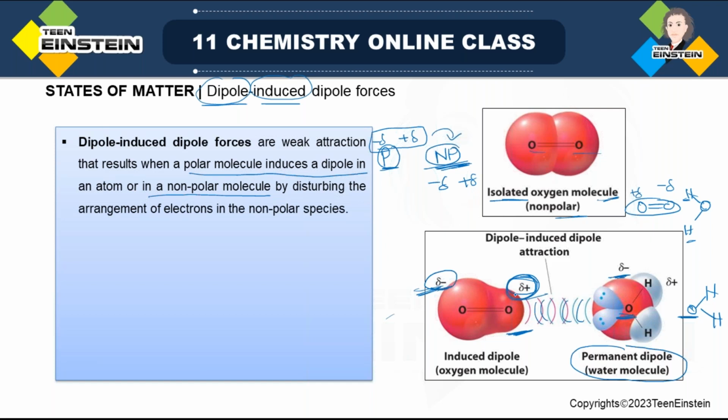But the important point is, one species will be polar, having a permanent dipole like the water molecule, but the other species in isolated condition is non-polar, though in the presence of this polar molecule, there will be some induction. Here also the interaction energy is proportional to 1 by R6, where R is the distance between two molecules. Fine.